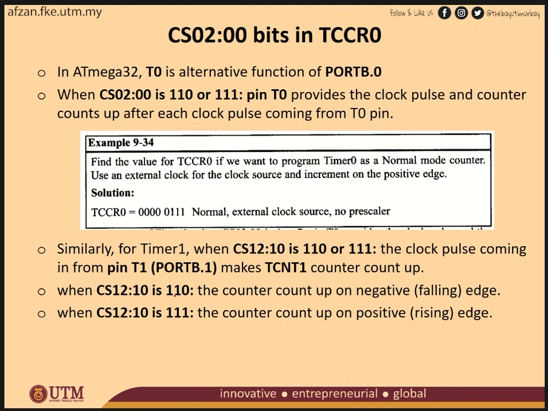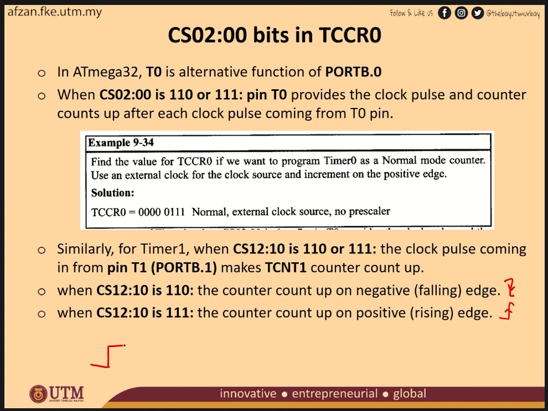If you put 110, the counter will count up on the negative falling edge, every time it sees a falling edge. If you put 111, the TCNT value will count up on every positive edge.